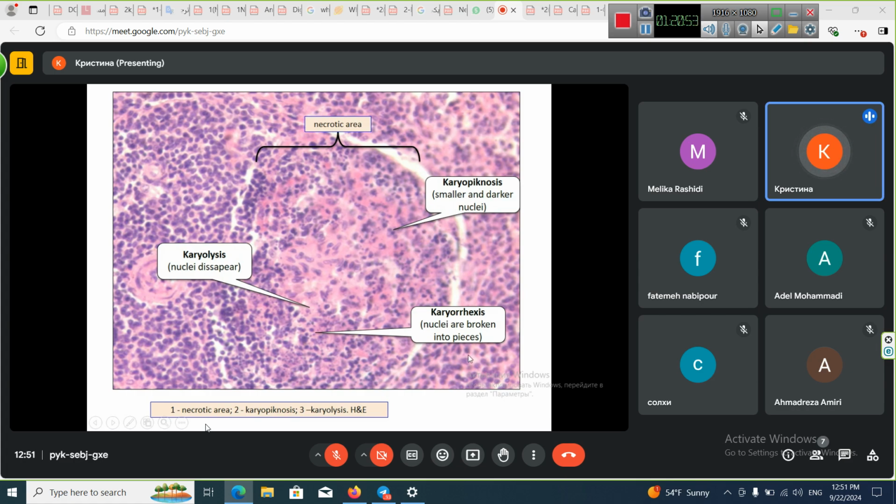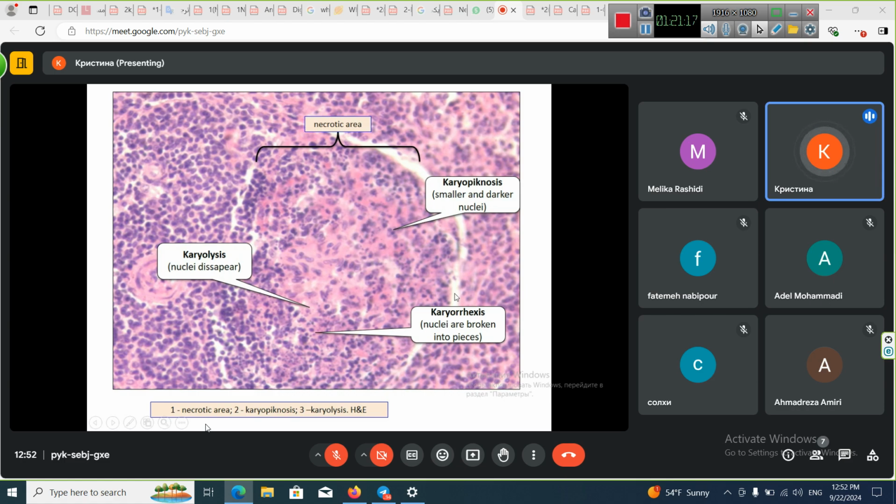Then goes karyorrhexis, is the area where you have just very small dots in the area where cell nuclei were present. So these, the tiniest blue dots, correspond to the pieces of the nuclei of dead cells. Very small dots.